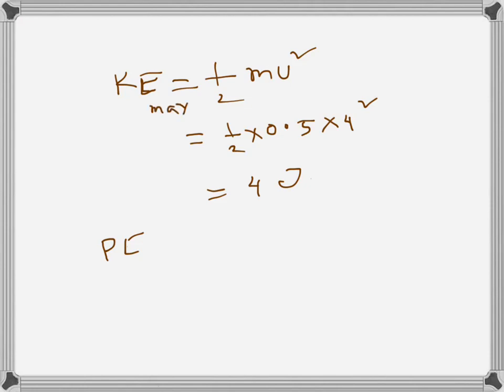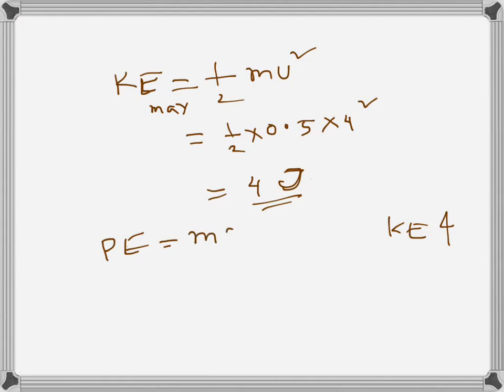At KE max, PE is 0, so the mechanical energy is this one, and this should be the mechanical energy throughout, without any air drag or any other kind of energy loss. But when it reaches maximum height, the kinetic energy is 0. So all this kinetic energy should have been converted into potential energy, but let's see what happens.